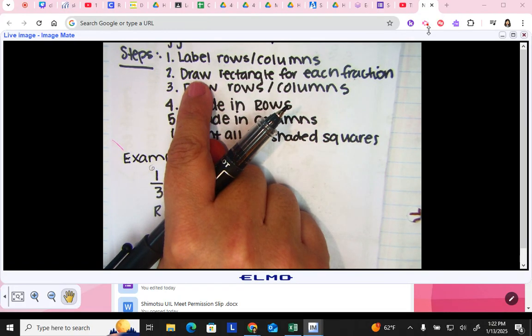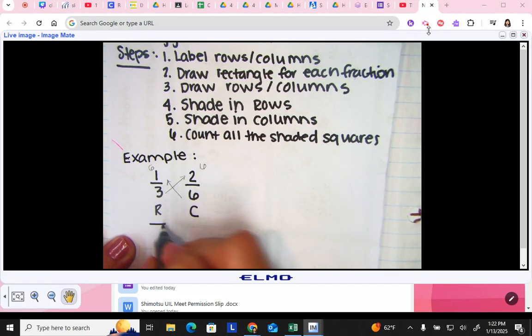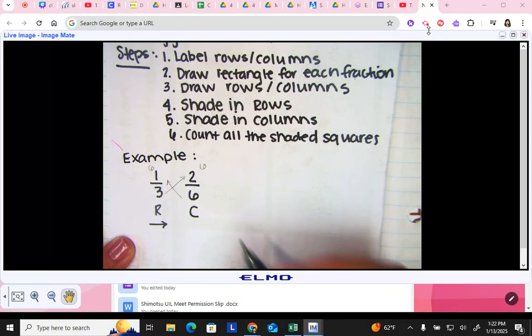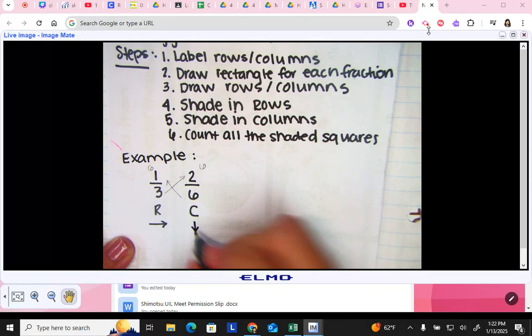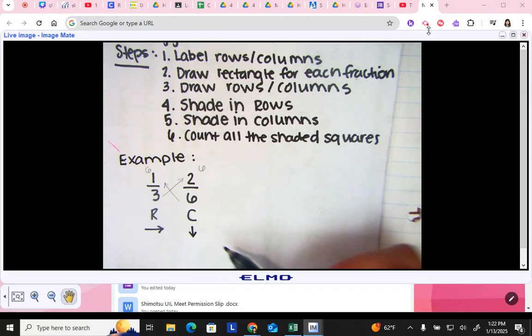We know that rows go side to side and columns go up and down. Like row, row, row your boat gently down the stream. The ocean waves go side to side. And the columns go up and down like the columns at the White House. Remember?